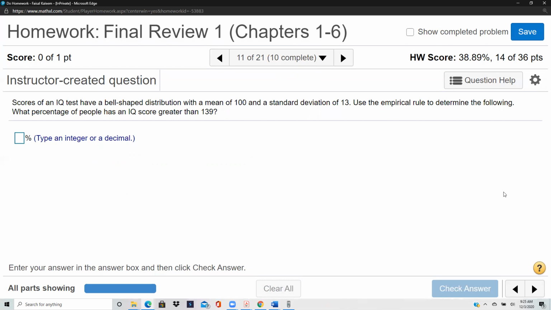I know we'll use StatCrunch. StatCrunch for empirical rule? Okay, maybe not. That's one of the rare things for which you don't use StatCrunch. Oh, I couldn't remember. Oh, there's a formula, right? Formula, but yeah, there's always a first step in these empirical rule problems. What is that first step?